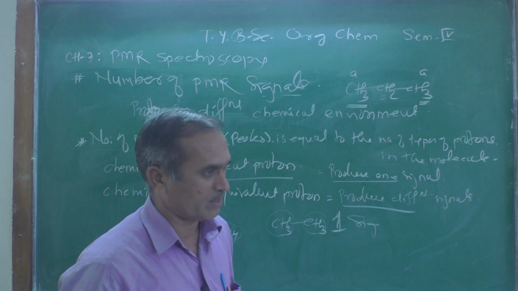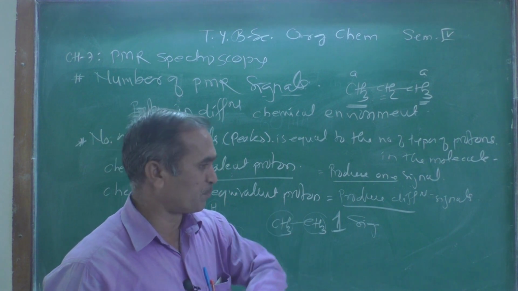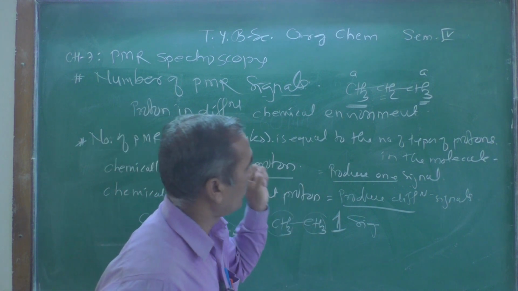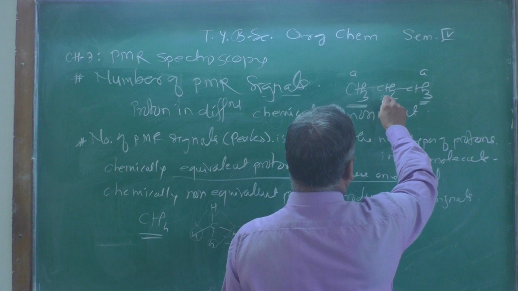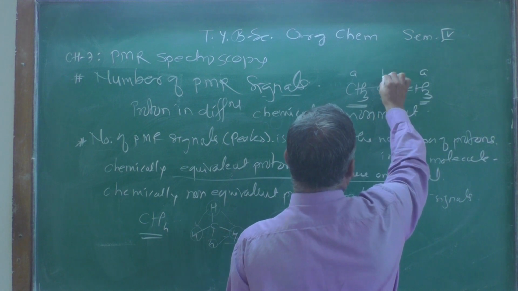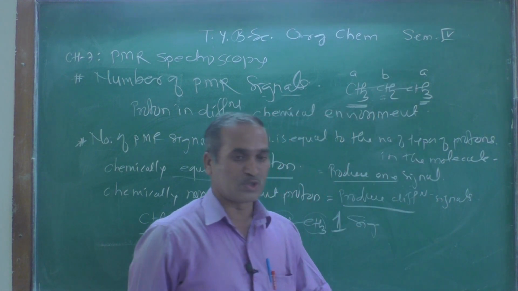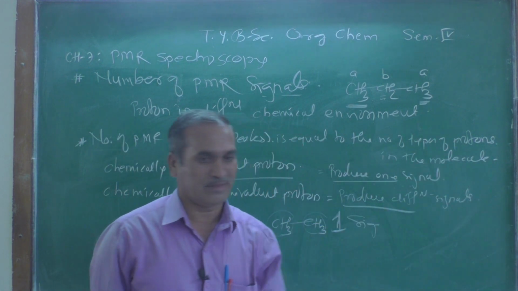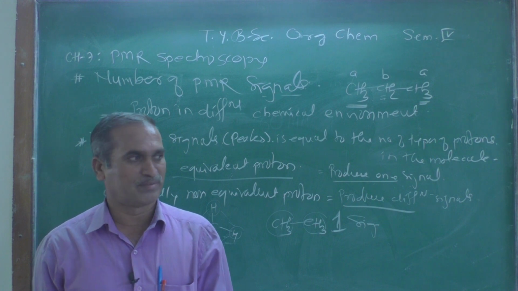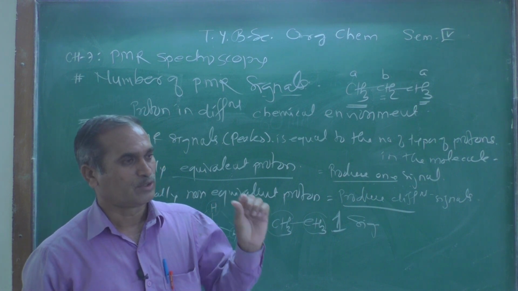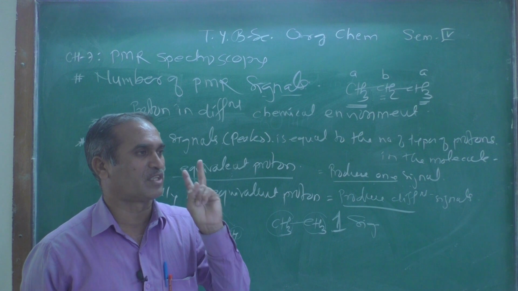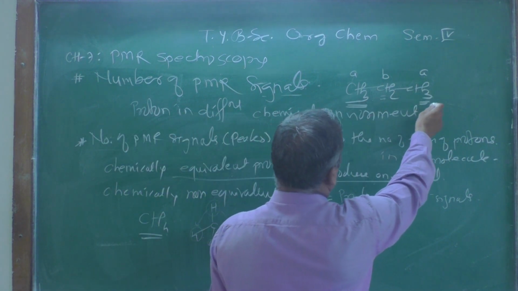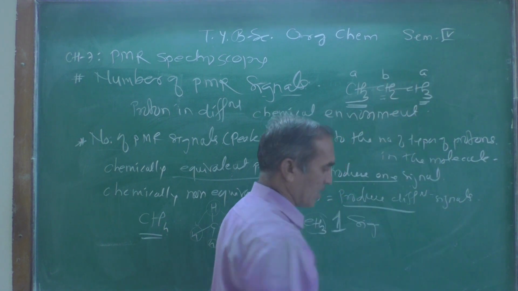2 protons are there. Are these 2 protons chemically equivalent or chemically non-equivalent? Yes, they are chemically equivalent, and therefore they will produce one signal. This means if you scan the PMR spectrum, you will observe 2 peaks, one due to the methyl group, another due to the methylene group.